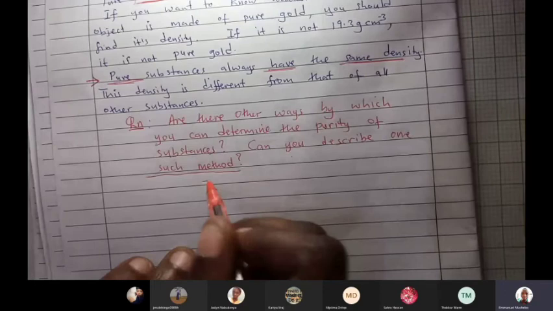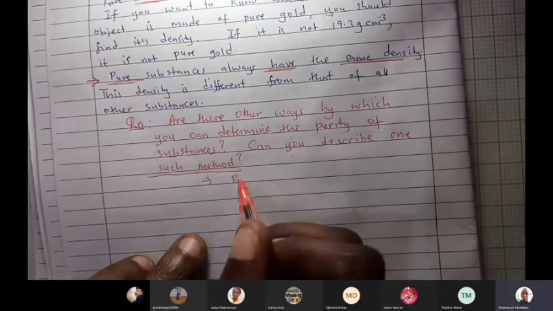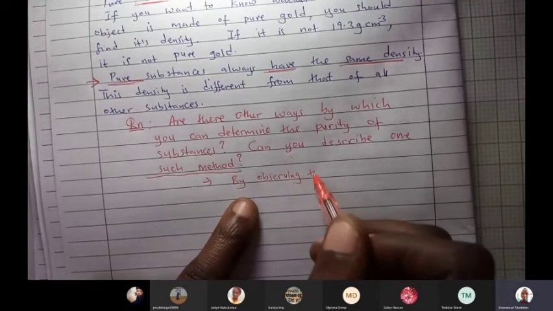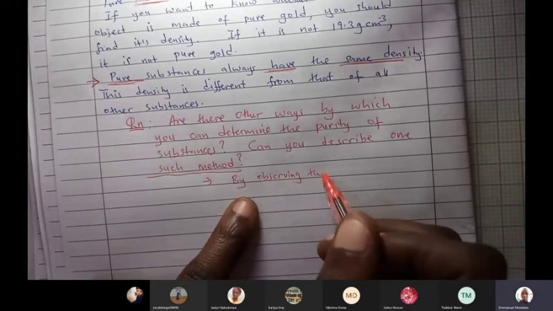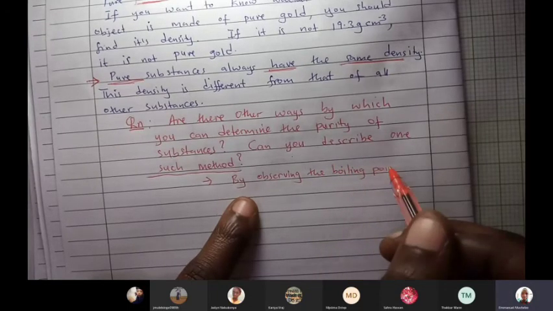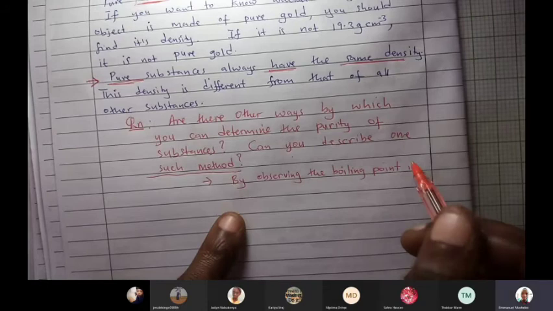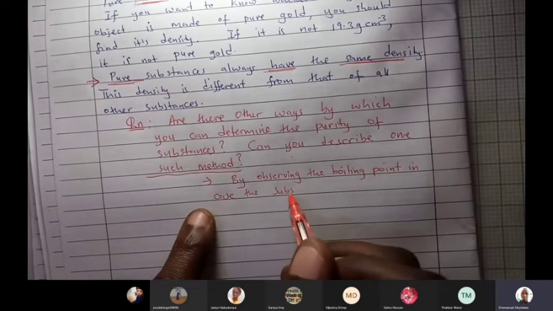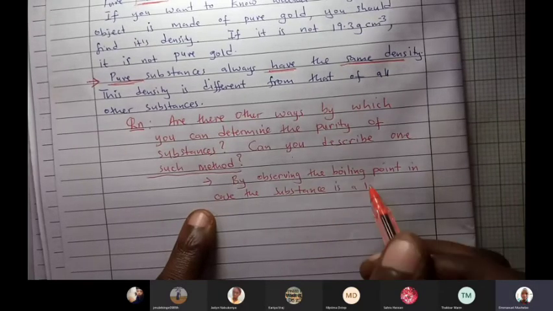One can say by observing the boiling point. I think this is one point. That is in case the substance is a liquid.